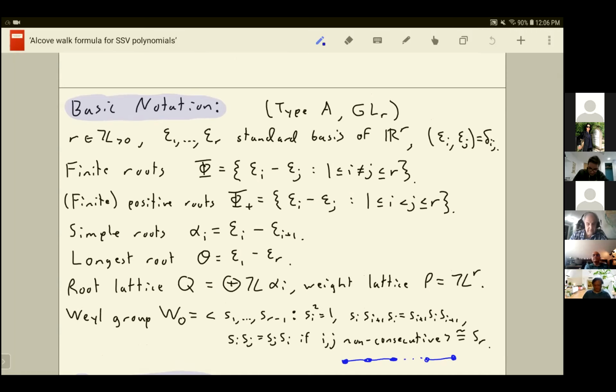And yeah, so I'll have the usual standard basis, epsilon 1 up to epsilon r, the usual finite roots, alpha i are the simple roots. Here, my Weyl group is going to be W0. And what I'm emphasizing here is the commutative presentation, because that is what I'll care about generalizing. And of course, in type A, W0 is just the symmetric group. So you're all familiar with this, but any questions about the basic notation before I move on?